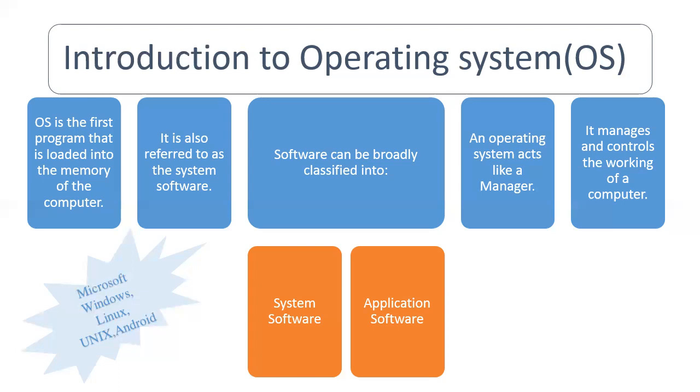There are certain examples of the operating system, which are Microsoft Windows and Linux for personal computers, Mac operating system for Apple computers, Unix for mainframe, and Android for mobile phones.